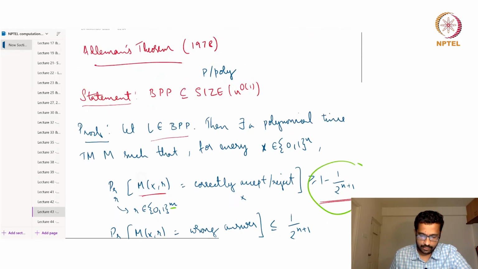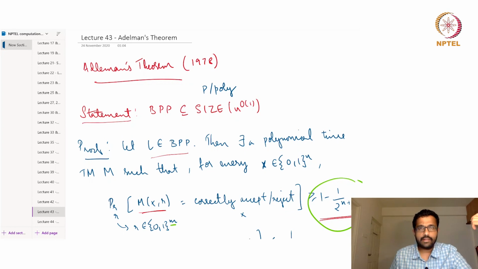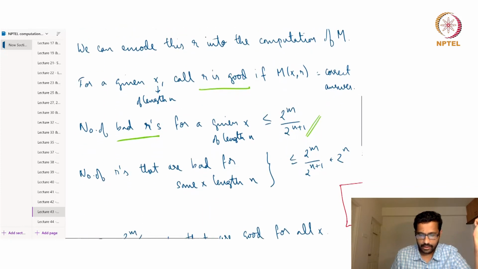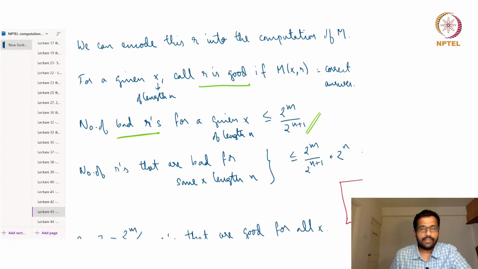Then we saw the result that BPP has polynomial size circuits. Any language in BPP has polynomial size circuits, which was just by noticing that you can do the boosting enough number of times so that there is one random string that will be a witness for all the input strings of a certain length.